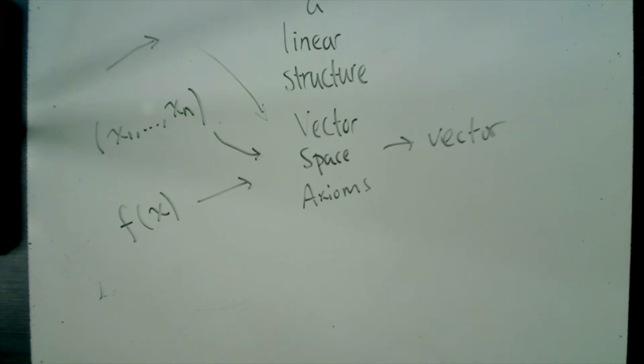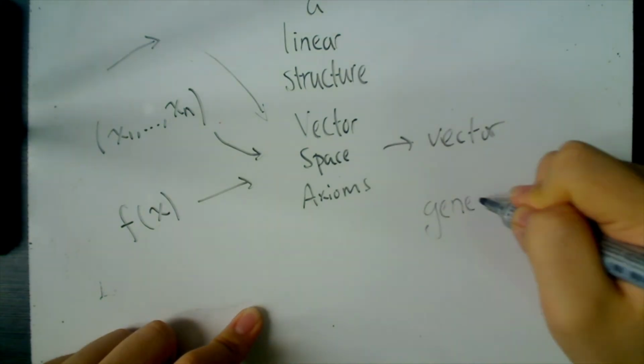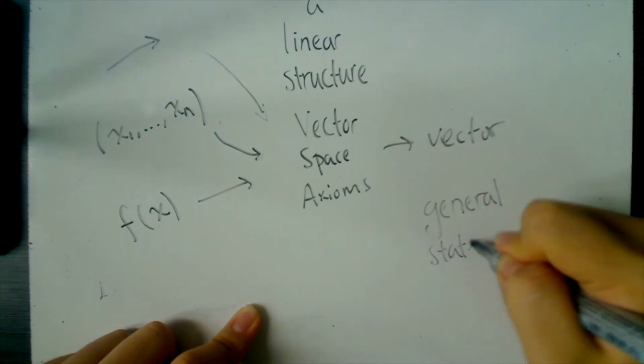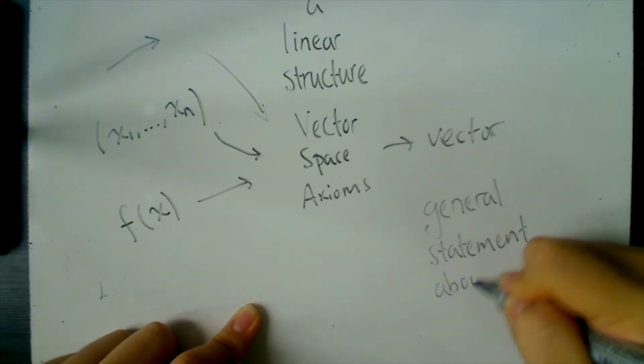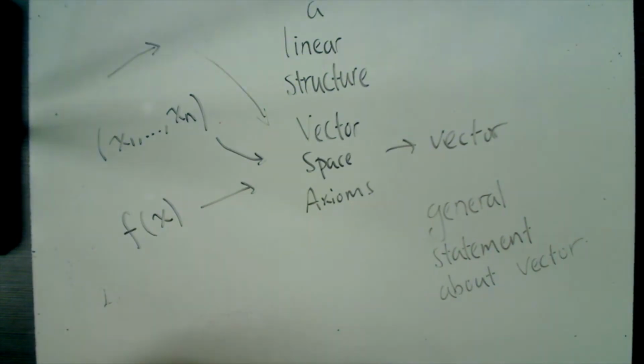By doing so, we can make some general statement about vectors that can apply to all things that satisfy the vector space axioms. And this is why we study linear algebra.